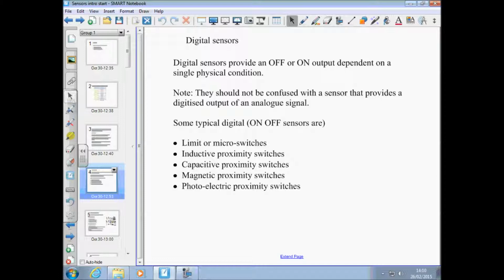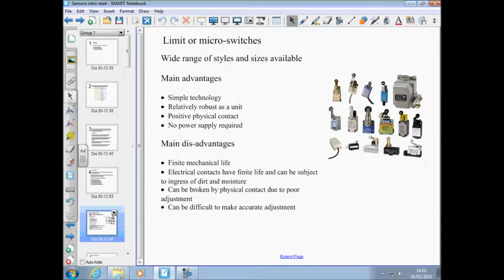Sometimes with a larger sensing device, there'll be some analog to digital conversion built within it. Okay? Some typical digital on-off sensors are things like limit switches or micro switches, proximity switches, both capacitive and inductive and magnetic, and then photoelectric type switches, where we sense something moving past a beam of light or suchlike.